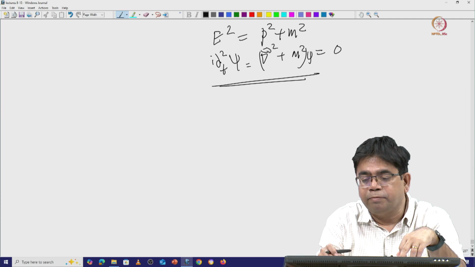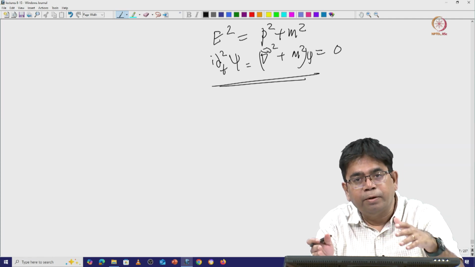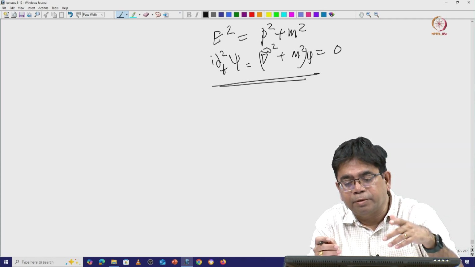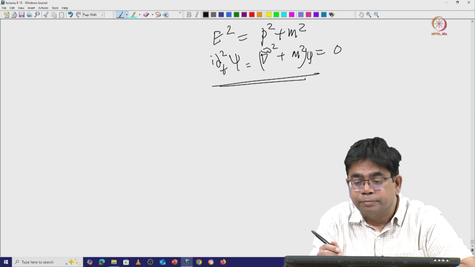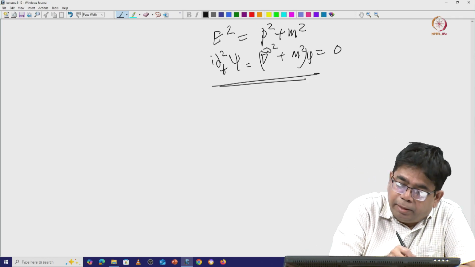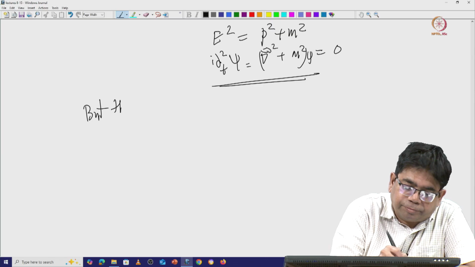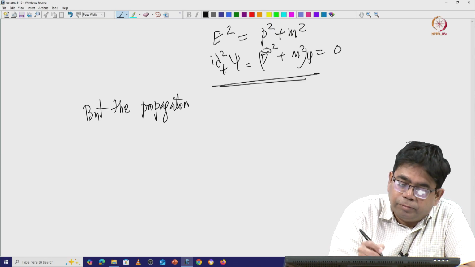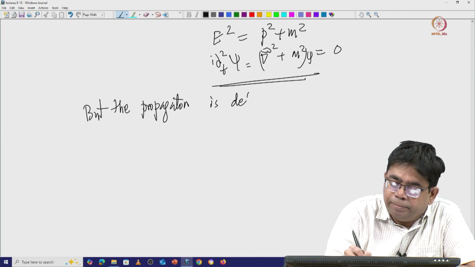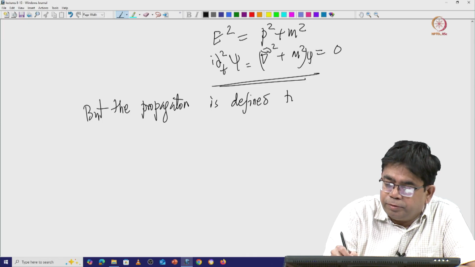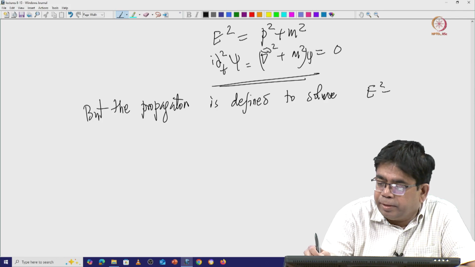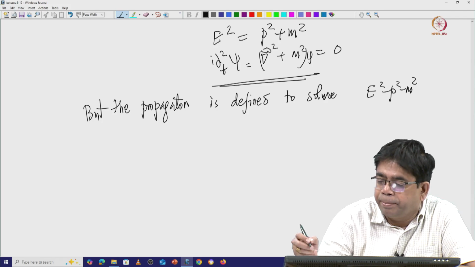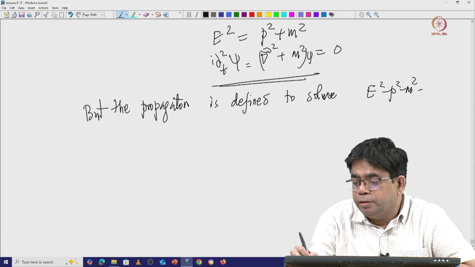This wave function, like the Klein Gordon solutions or Dirac equation solutions, will always solve this. But the propagator is defined to solve E square minus P square minus M square equal to delta.